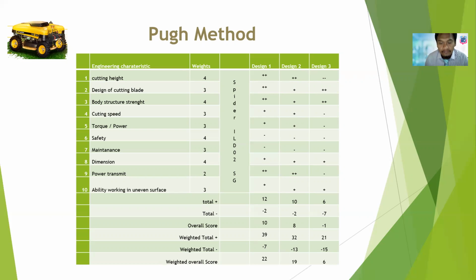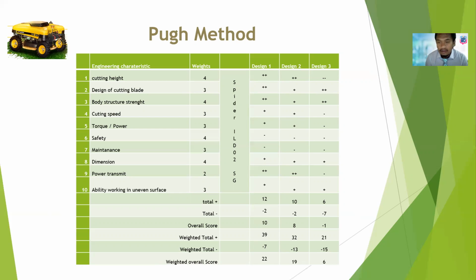So we see the totals. For design number one, we got a total of plus 12, and a total of negative 2. Then design number 2, the total for the plus symbol is 10, and the total of the negative symbol is also 2.